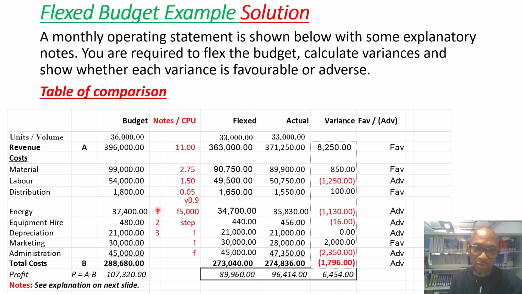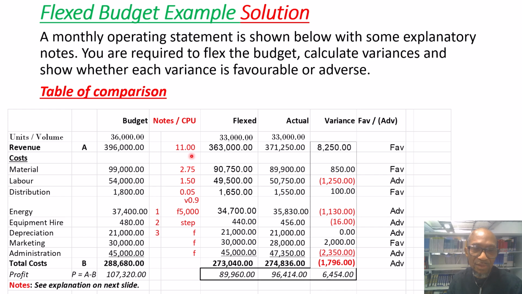The fourth column shows notes. This note will point to where I explain the example. Note 1 is to do with the fixed and variable cost elements of the semi-variable cost. Note 2 is to do with the stepped cost, and note 3 is merely the fixed cost element.